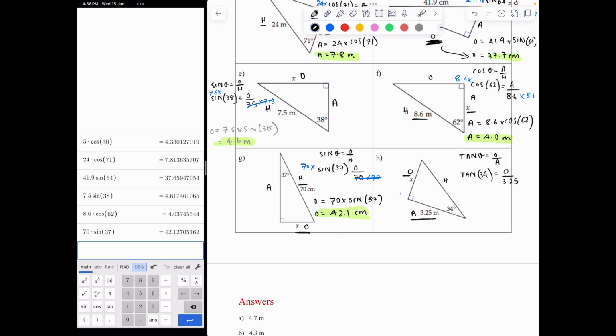Cool? Get O by itself. Rewrite it nicely. Ooh, grey. Stick with black. Plug it into our calculator.